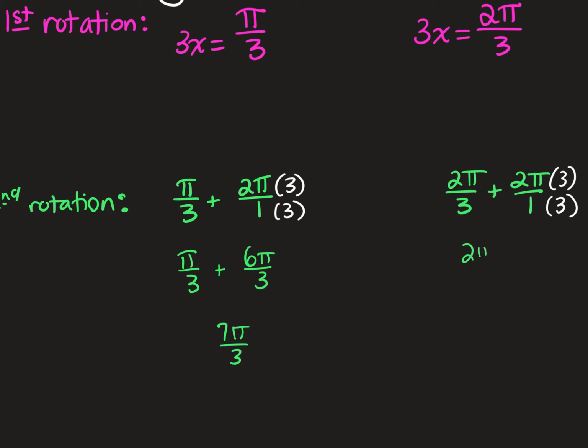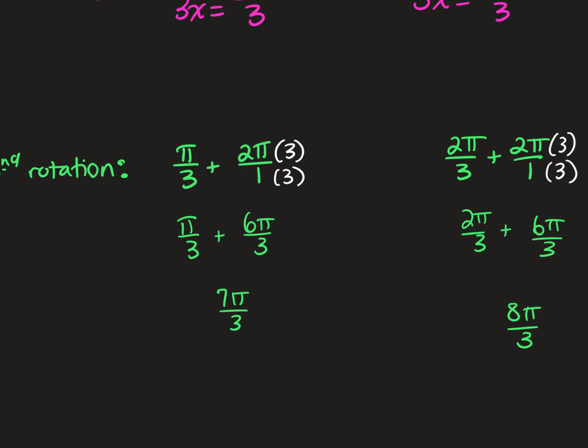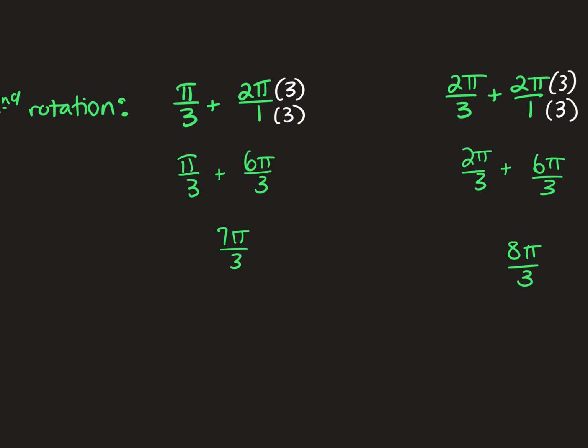And here I get 2 pi over 3 plus 6 pi over 3, which gives me 8 pi over 3. And then that's going to be what 3x is equal to. So 3x equals 7 pi over 3, and 3x equals 8 pi over 3. So that's my third and fourth equation.